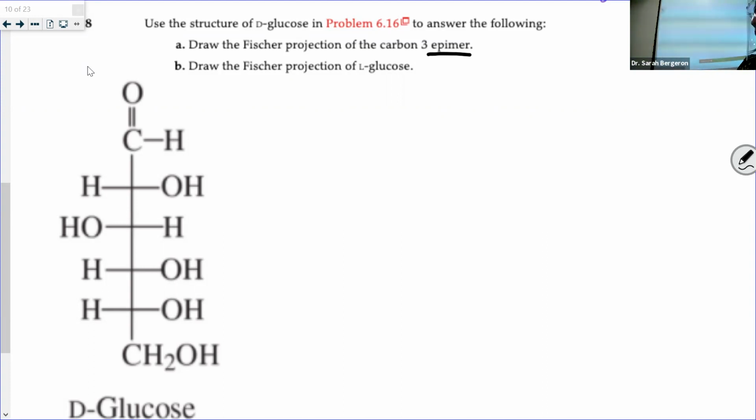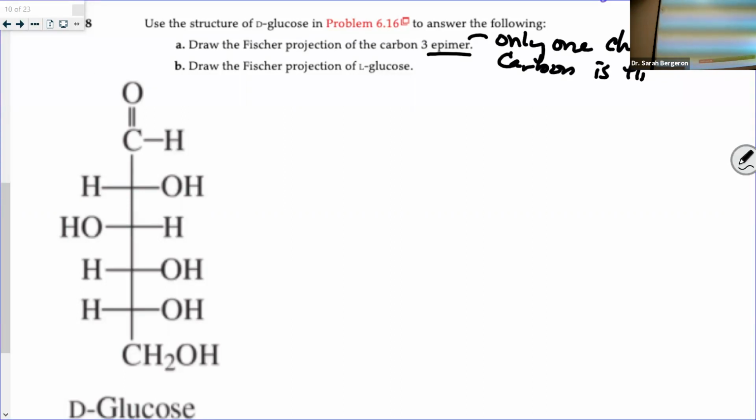So what's an epimer? Only one chiral carbon is flipped. So how do I know which one?